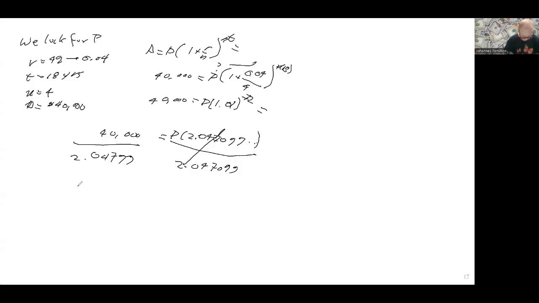So I end up with P. So I end up with $19,539.85, or 84, depending on how your calculator calculates, and that would be our principal, meaning how much we would have to put into this account to get the $40,000 that we need in 18 years.